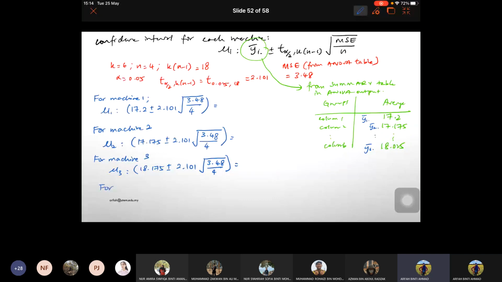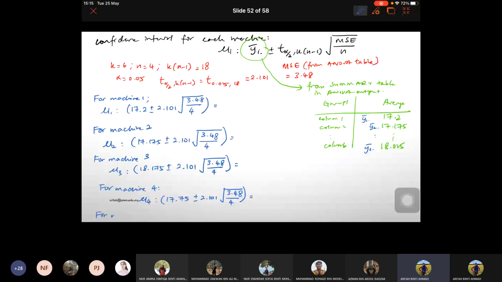Okay. For machine 4, mu yang keempat, tengok dekat table of ANOVA tadi dapat berapa? 17.75. Okay. Tambah tolak 2.101 square root 3.48 dibahagi 4.